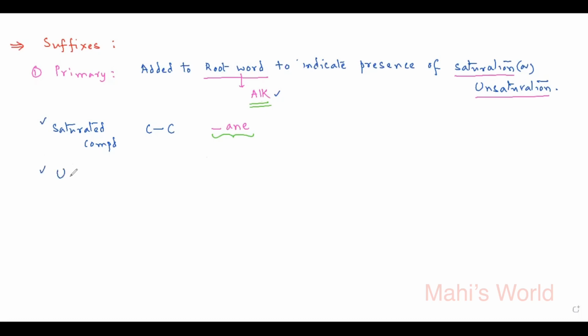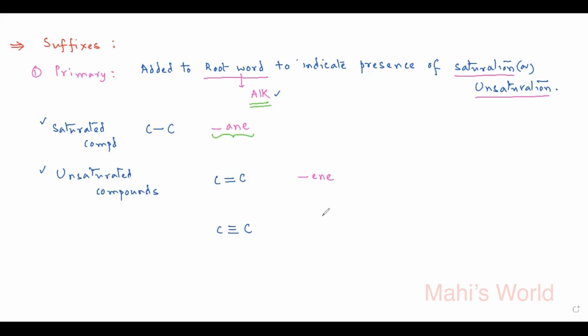Coming to the unsaturated compounds. See, in unsaturated compounds, I have two varieties. You can have a double bond between carbon atoms, or you can have a triple bond between carbon atoms. In case of a double bond, the primary suffix is "ene". This is added to alk.